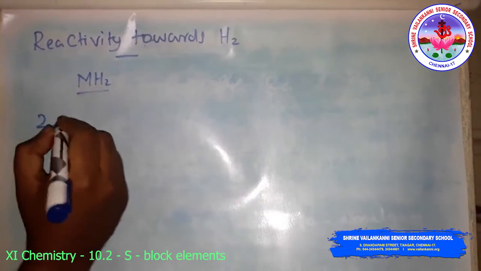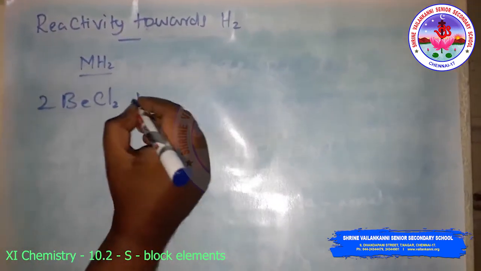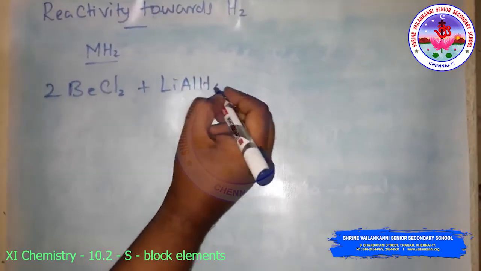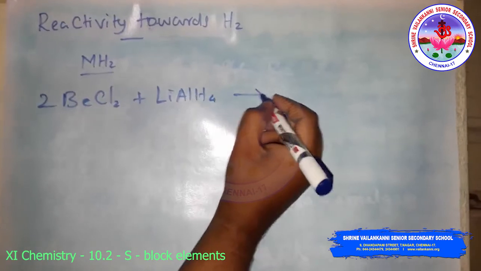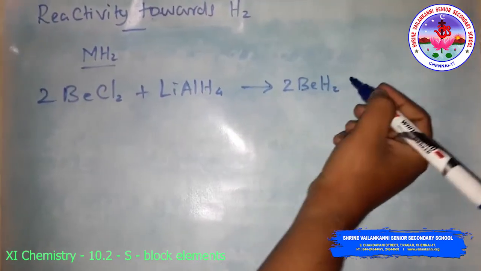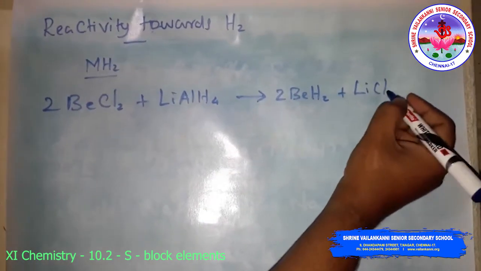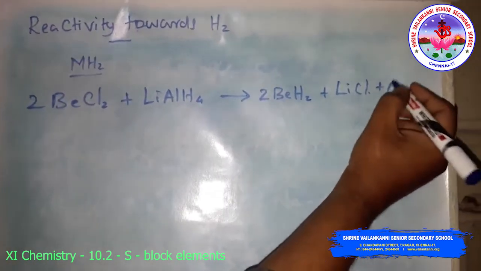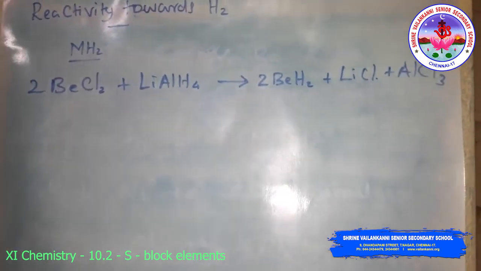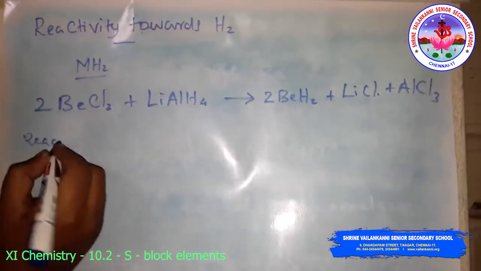Beryllium chloride reacts with lithium aluminum hydride to form beryllium hydride, lithium chloride and aluminum chloride, AlCl3.